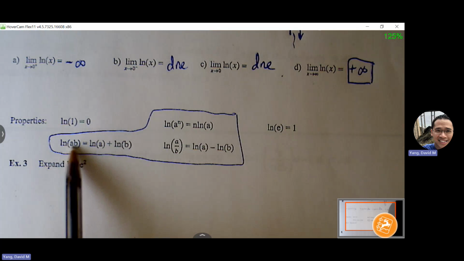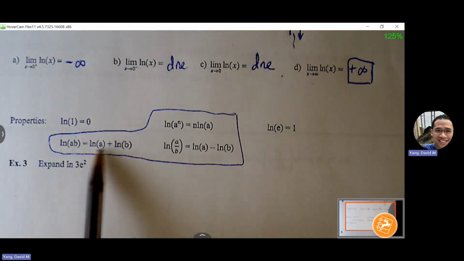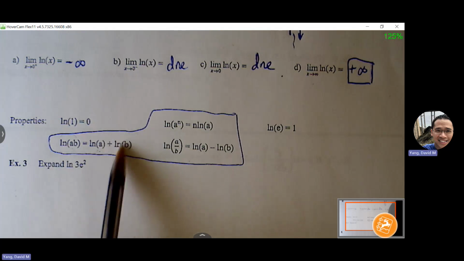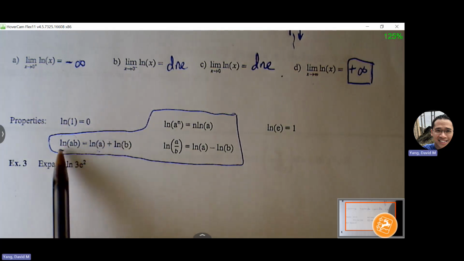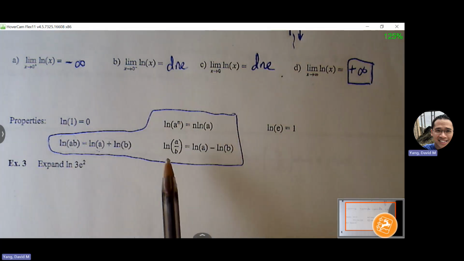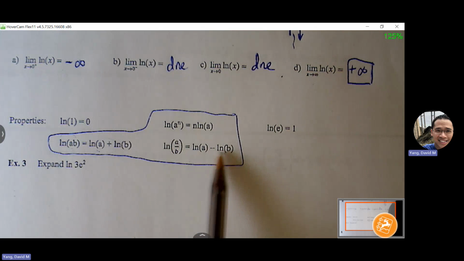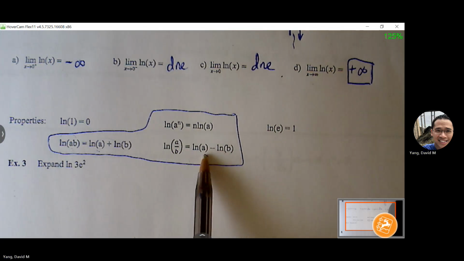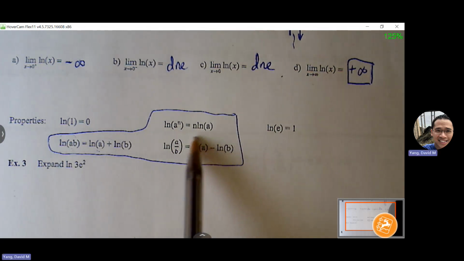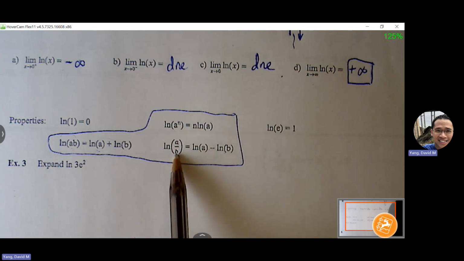If I have natural log of a times b, I can expand that into natural log of a plus natural log of b. Likewise, I can take this and condense it to natural log of a times b. If I have natural log of a over b, I can expand that into natural log of a minus natural log of b. So this is the quotient property. Likewise, I can condense it into natural log of a over b.